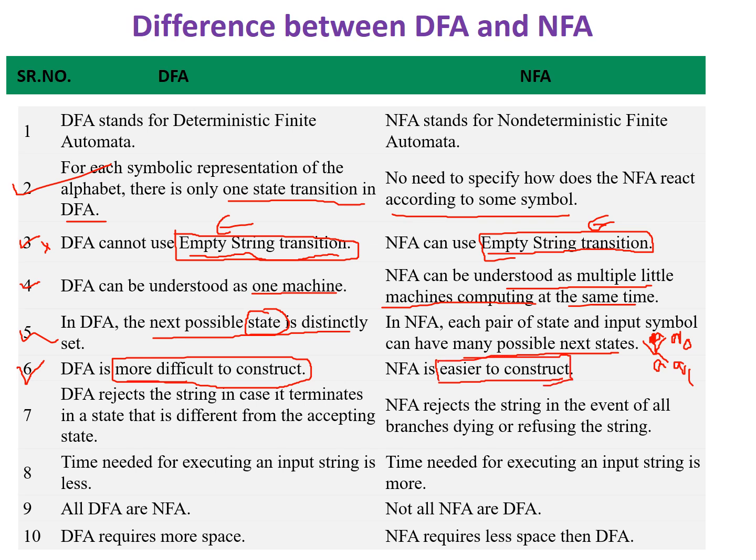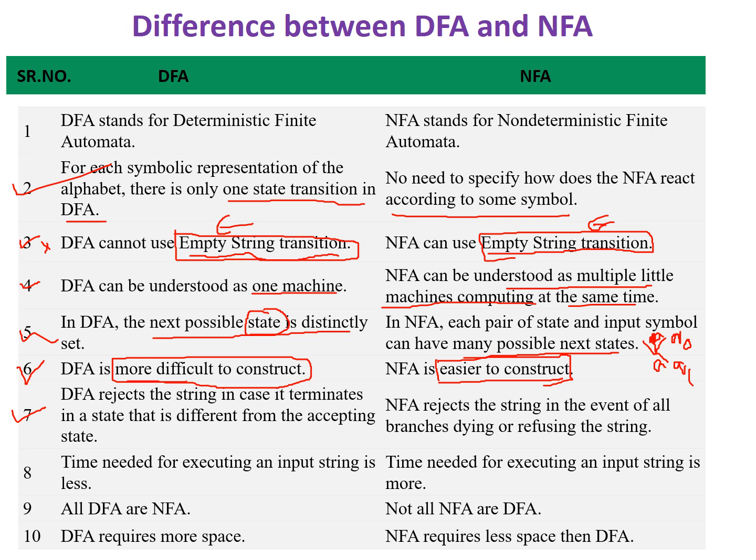The seventh point: DFA rejects the string in case it terminates. At any point of time DFA can terminate, and that means the string is rejected. That means it ends in a state different from the accepting state. It lands in some intermediate state, then it can reject it.